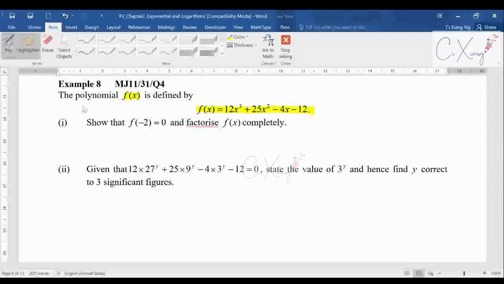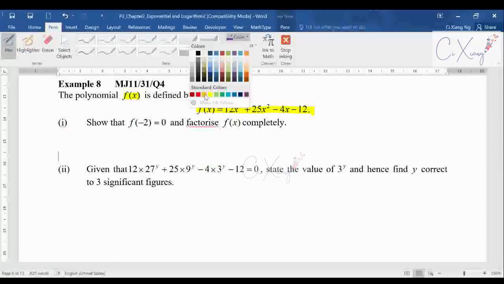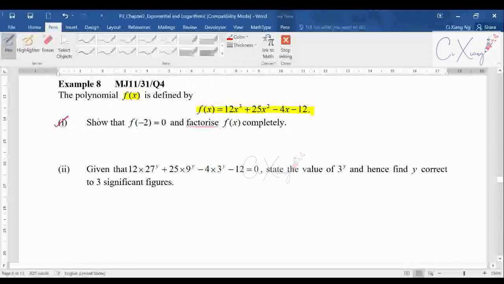All right, so for the first part, they want you to show that f(-2) equals 0. This part, I think you should know how to do it, right? You substitute -2 into x in the function and get 0. So it is very easy to show.